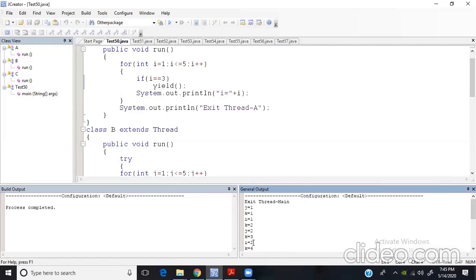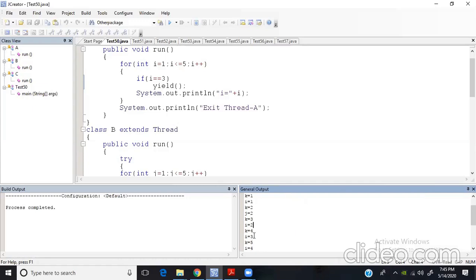I equal to 2, fine. When J equal to 3, look, I equal to 2, when I equal to 3, it leaves its control.